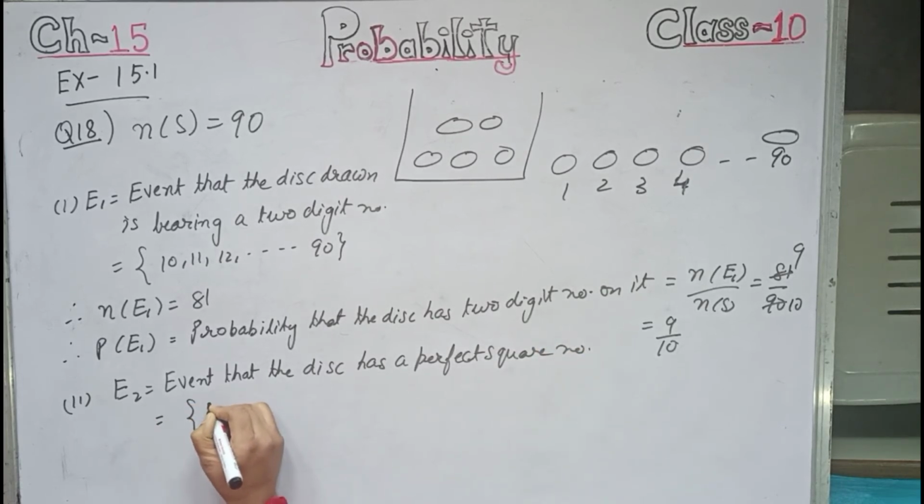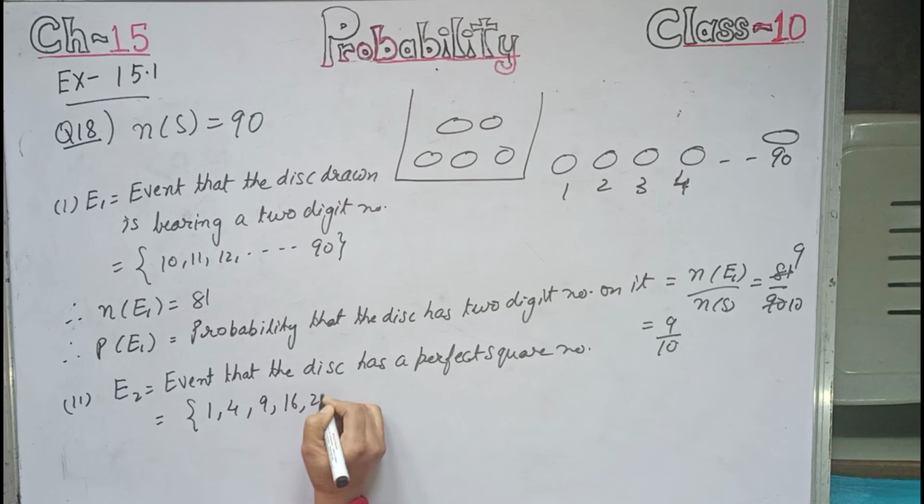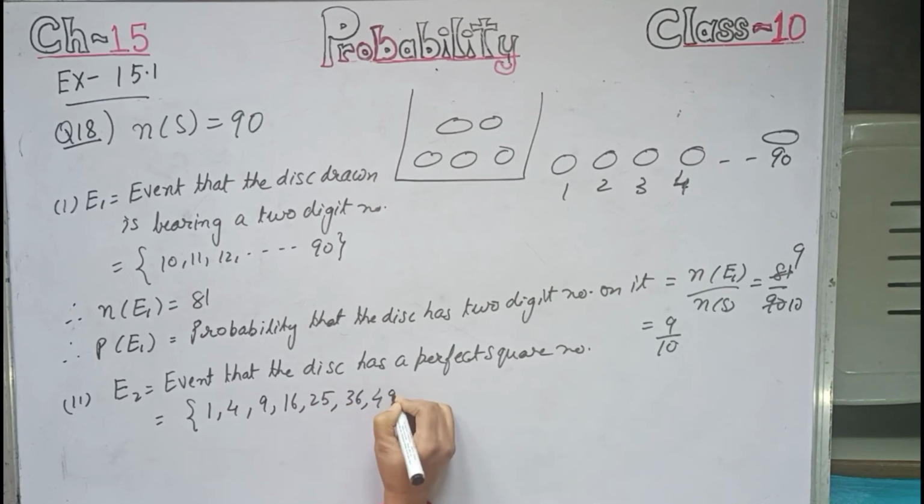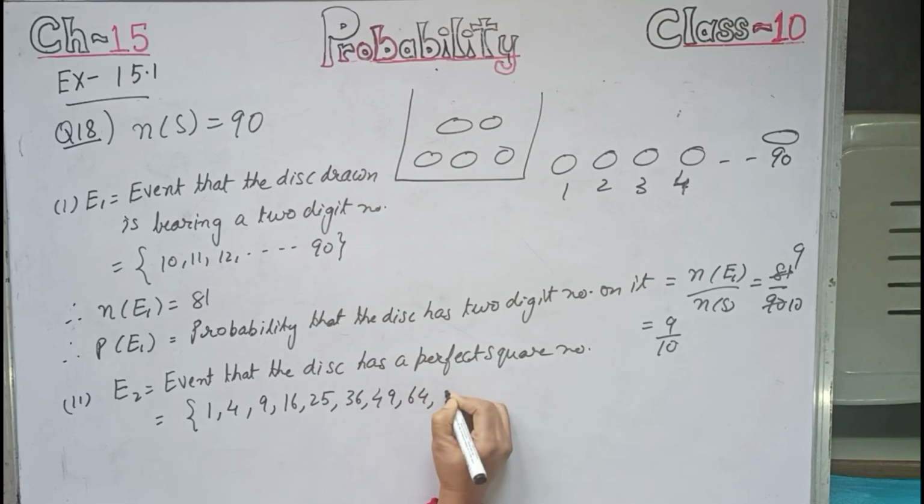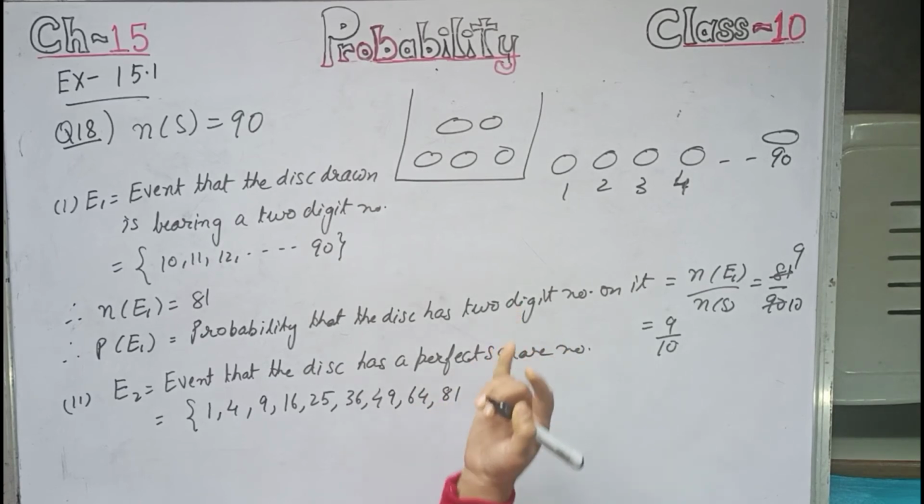Perfect square numbers: 1, then 2 squared is 4, 3 squared is 9, 4 squared is 16, 25, 36, 49, 64, 81, and 10 squared is 100, and we have to consider till 90 only.